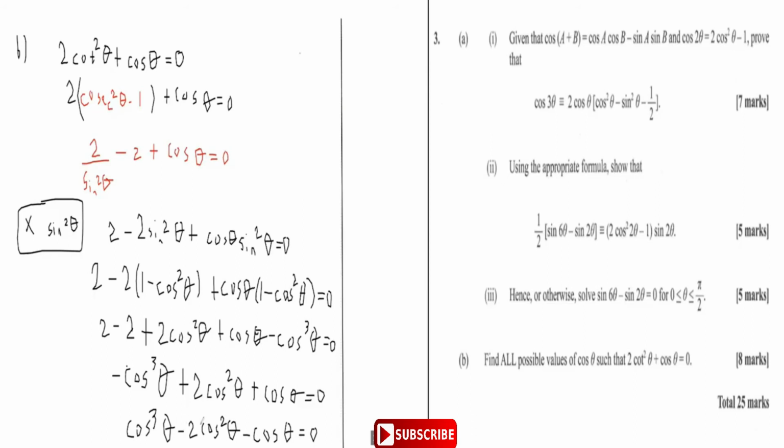Now, if you have cos cubed minus 2 cos squared minus cos theta, the first thing you need to do is factor out cos theta. After you factor out cos theta, you're left with cos squared theta, minus 2 cos theta, and minus 1, and all of this is of course equal to 0.